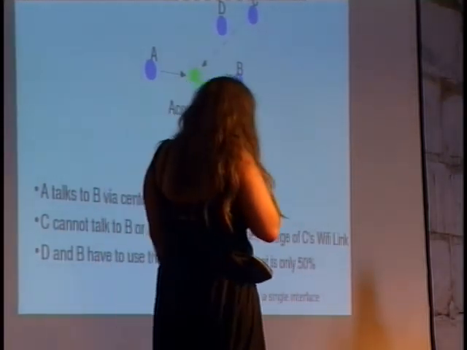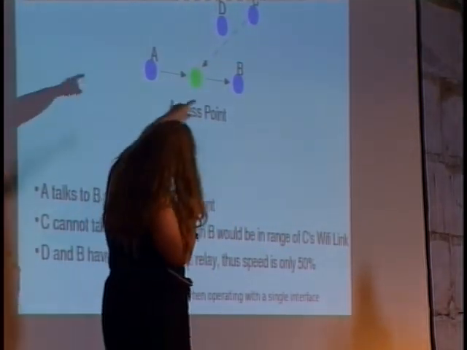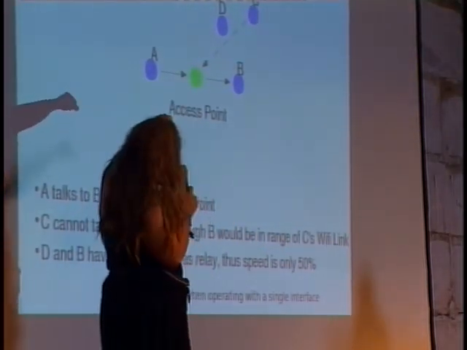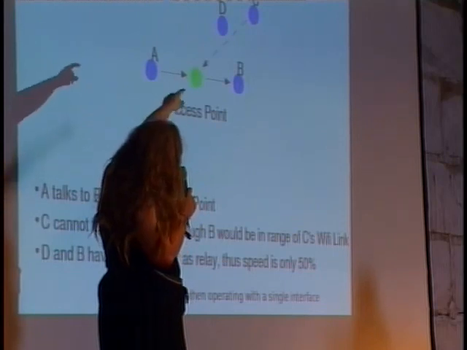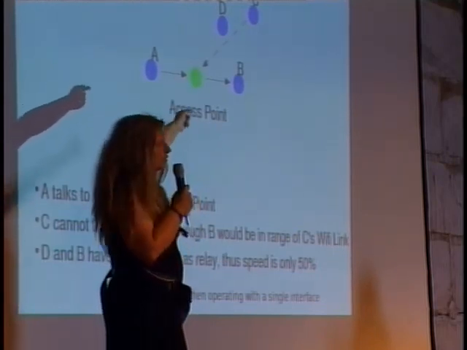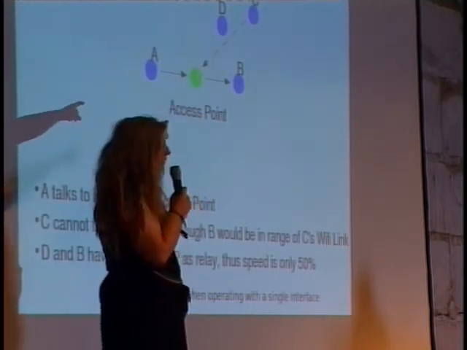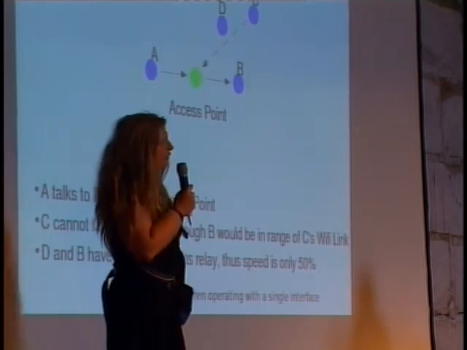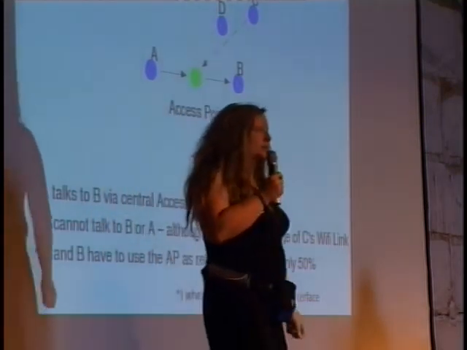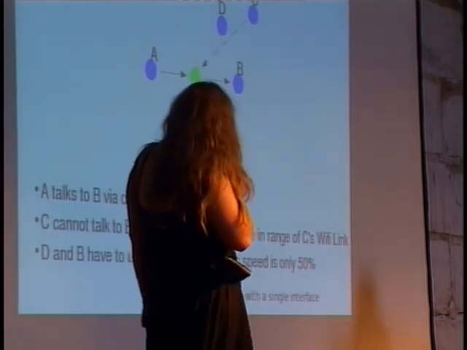Another big disadvantage is if D and B were clients of that access point, they may have a very good wireless link between D and B directly, but they cannot use it because they're clients, so they have to send their data to the access point and back to B, and so the bandwidth is maximum half of a single link.